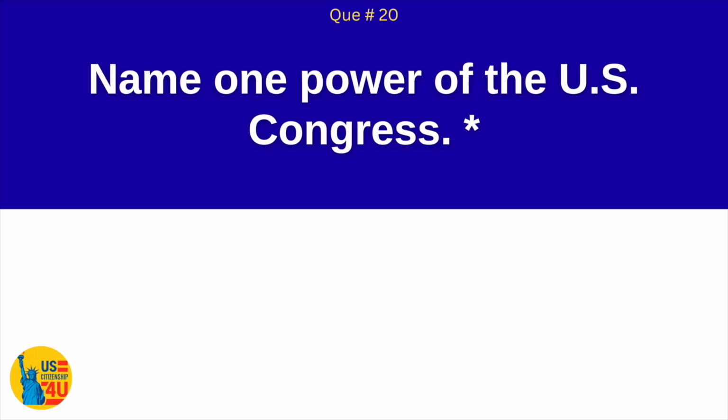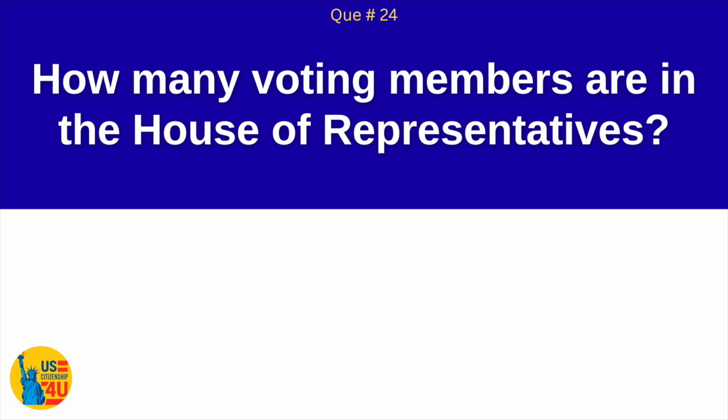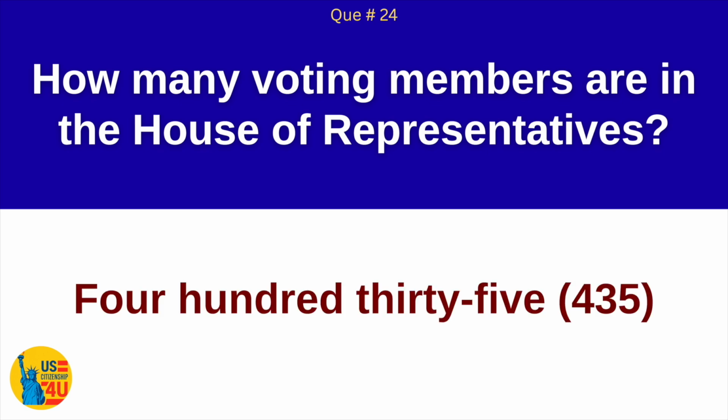Name one power of the U.S. Congress. Writes laws. How many voting members are in the House of Representatives? 435.